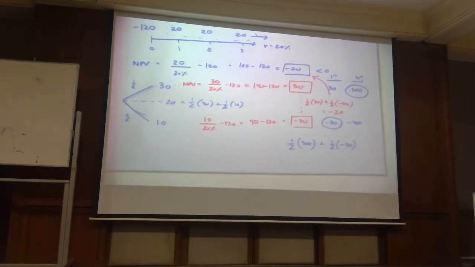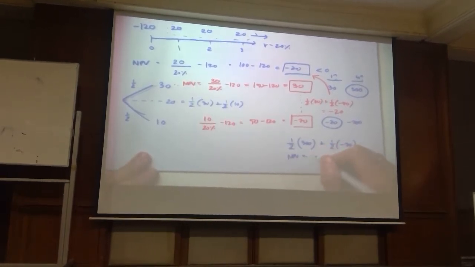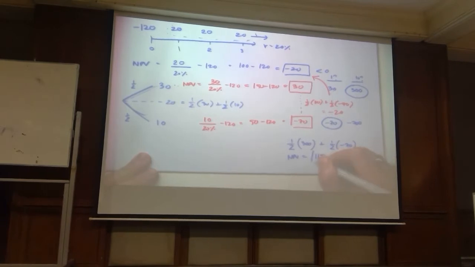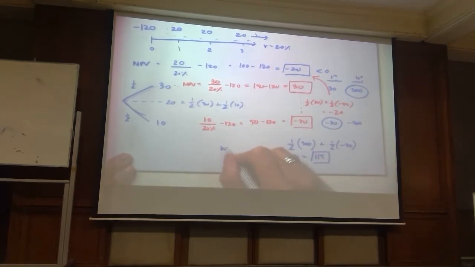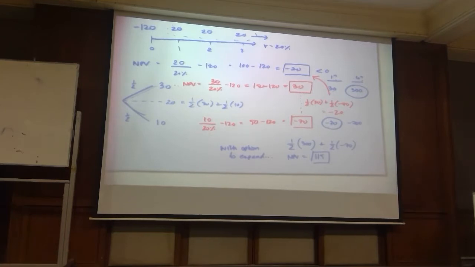So when you do this calculation, it turns out the NPV of this decision becomes plus 115. So with the option to expand, suddenly the offering becomes more attractive.